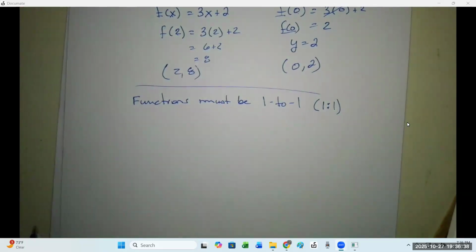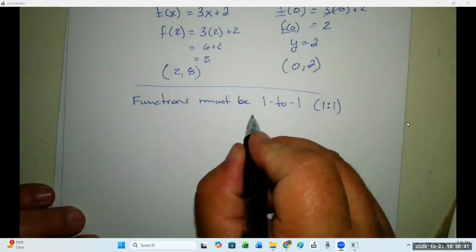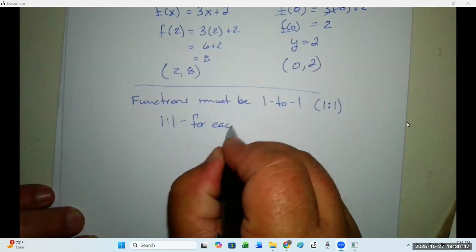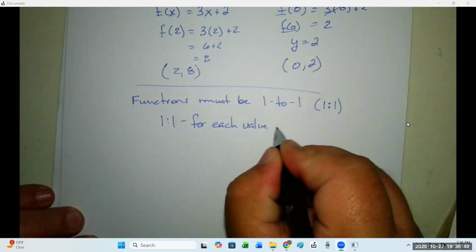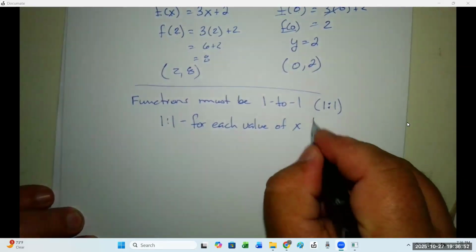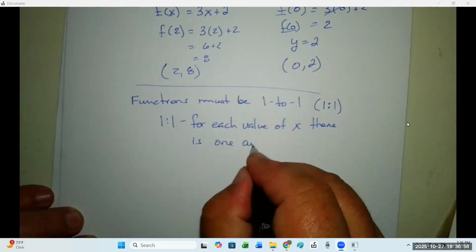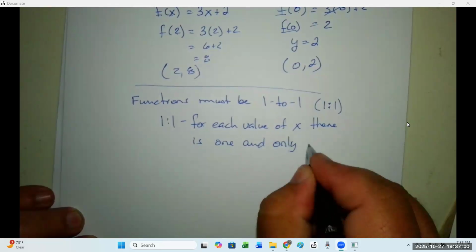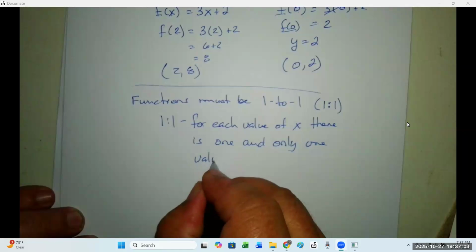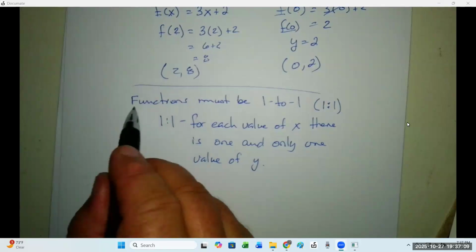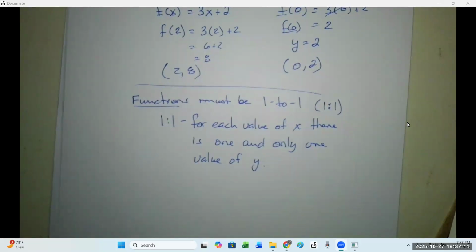What that means, if it's 1 to 1, is that for each value of x, there is one and only one value of y. That's what defines a function, by its 1 to 1-ness.